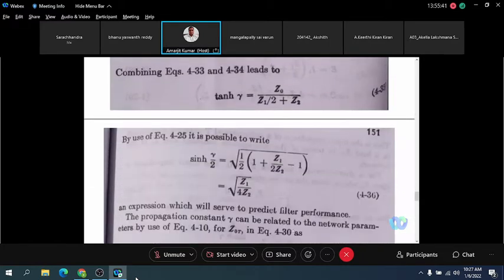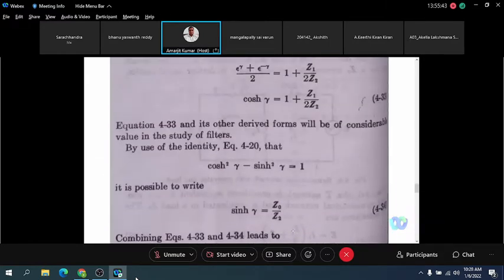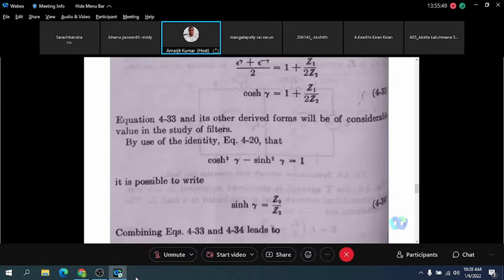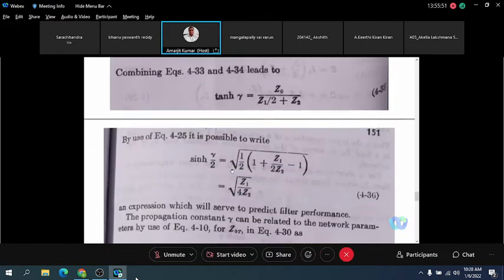Here it is written in terms of Z0, but you want it only in terms of the series and shunt arm impedances. So that is here: sinh(gamma/2) is equal to the square root of Z1/4Z2.